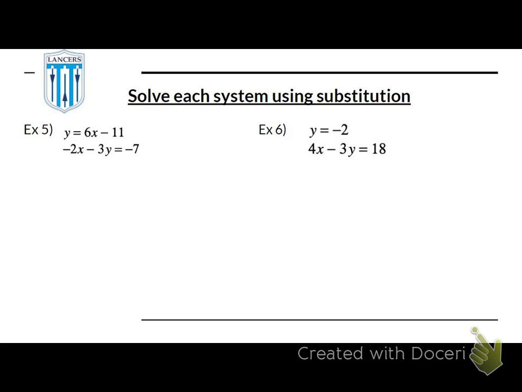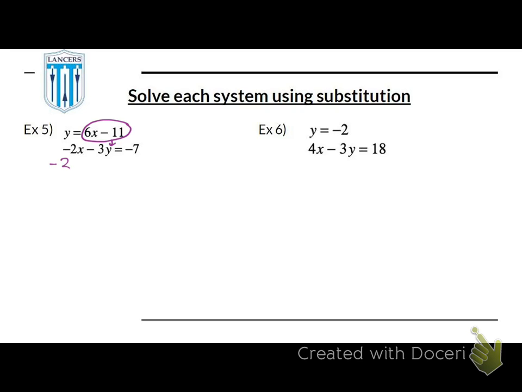So we are going to take the 6x minus 11, and where are we going to put it? Good, we got to put it into the y. So always look for what variable's alone. That's where that expression gets plugged into.